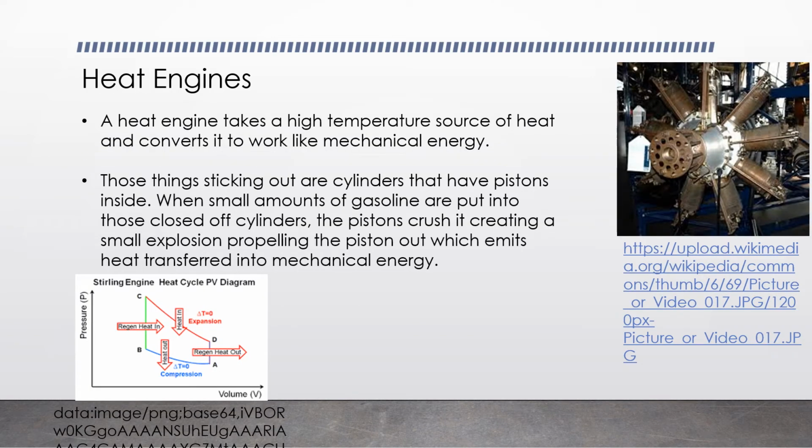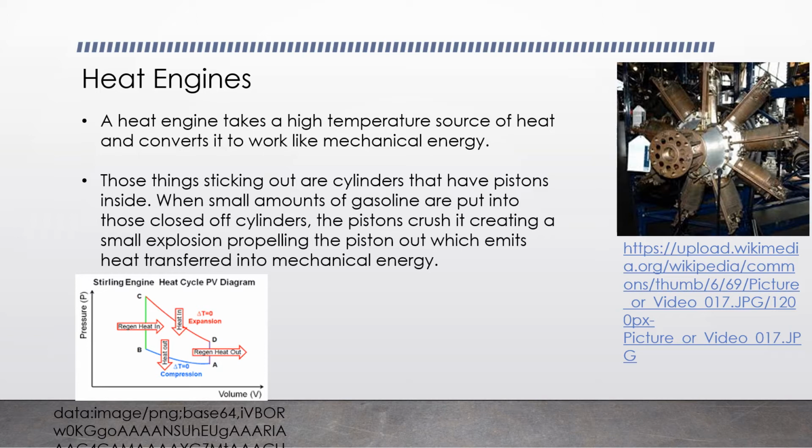Okay, so a heat engine. A heat engine is what an airplane's engine basically is, and a heat engine takes a high temperature source of heat and converts it into work like mechanical energy. So you see these things in this picture here on the right. It's like these cylinders sticking out.